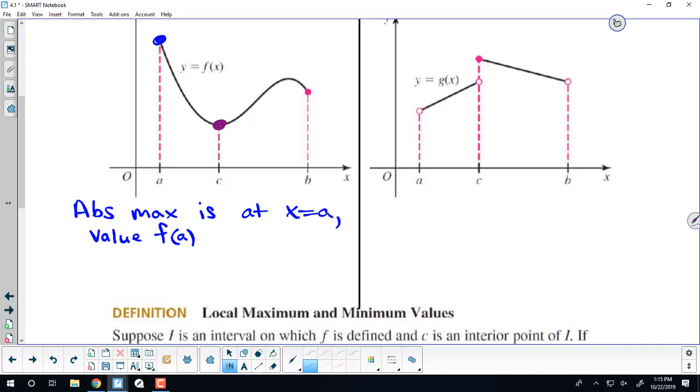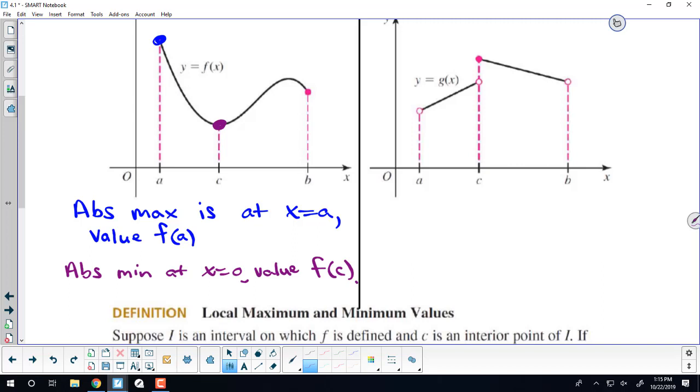Absolute minimum at c, whose value is f of c.